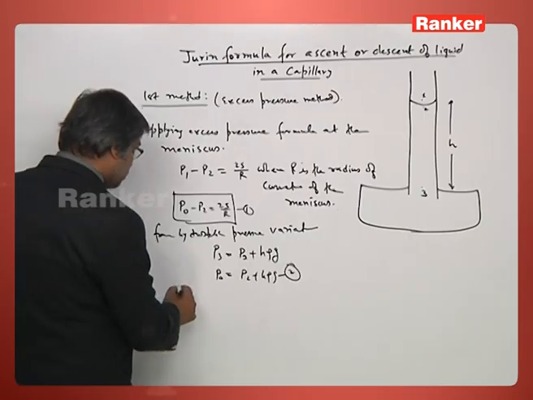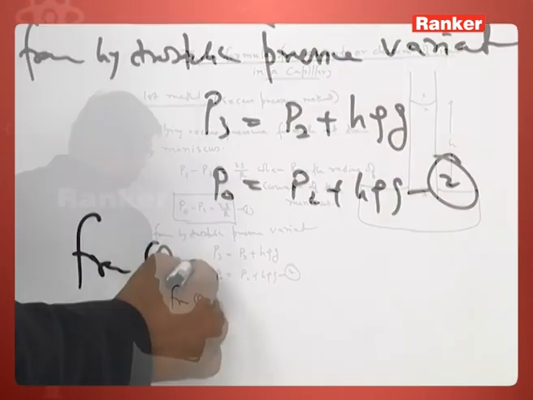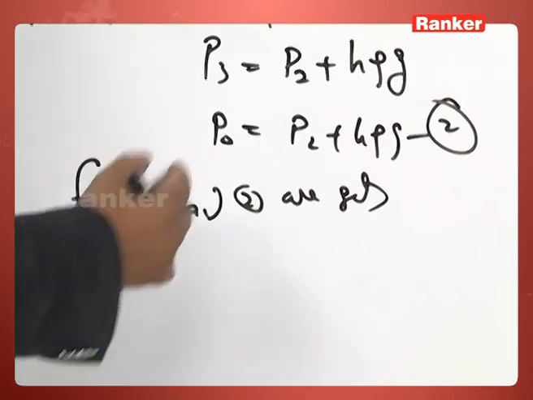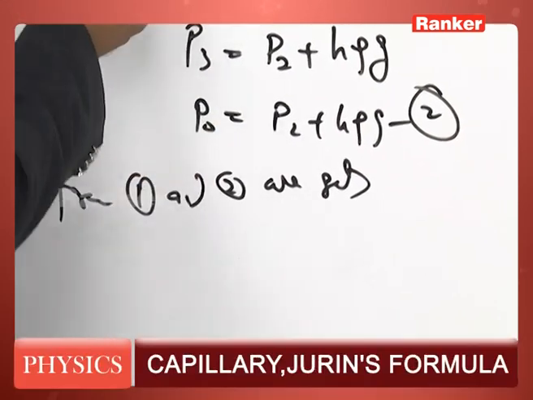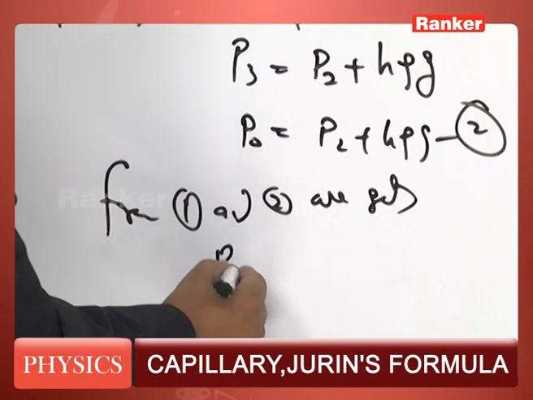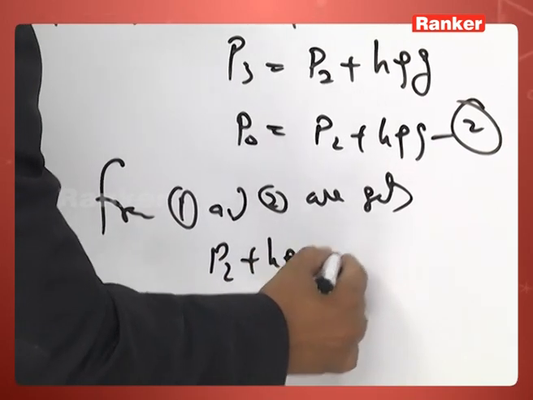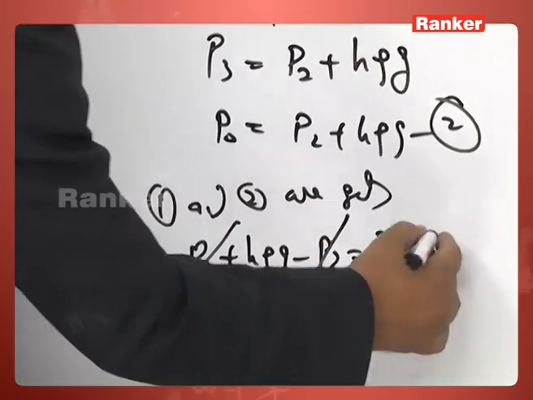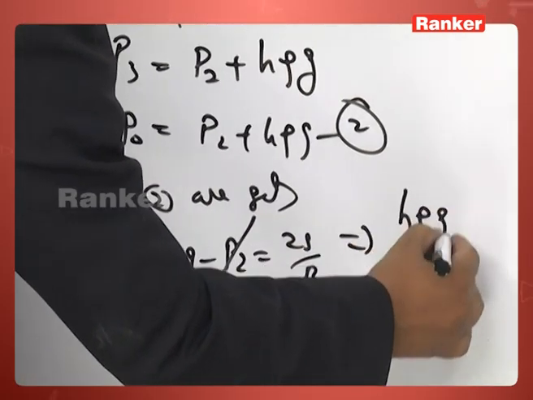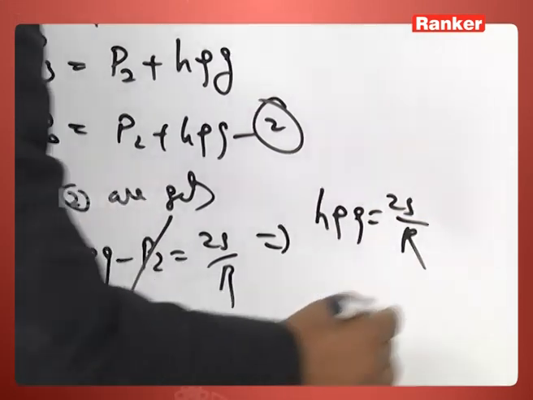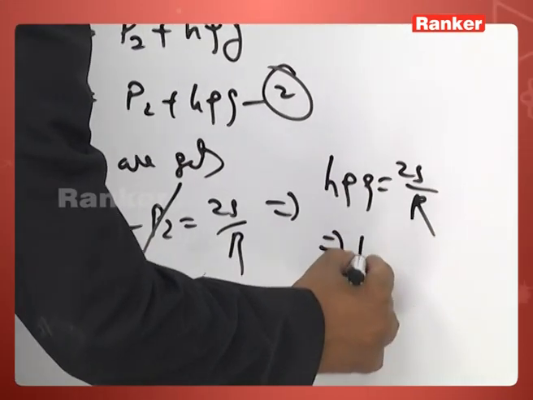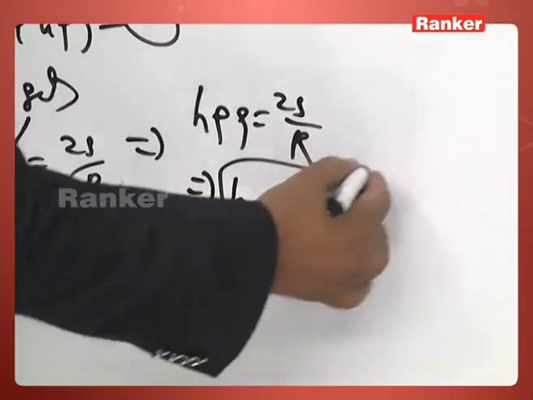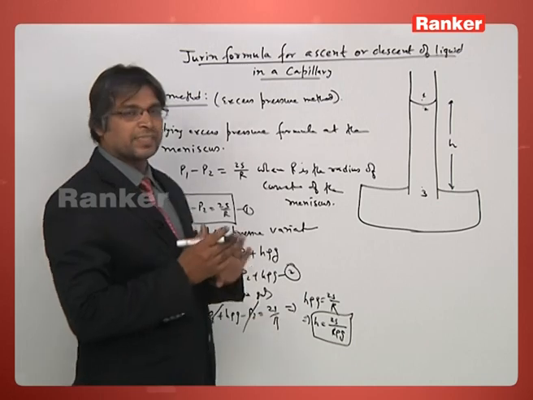So from 1 and 2, if I put P naught here, I will get P2 plus H rho g minus P2 is 2s by r, which implies H rho g is 2s by r. Thus, H is equal to 2s by r rho g, where r is the radius of curvature of the meniscus.